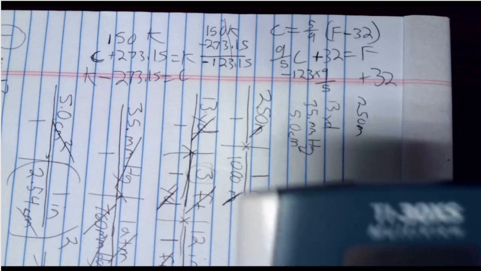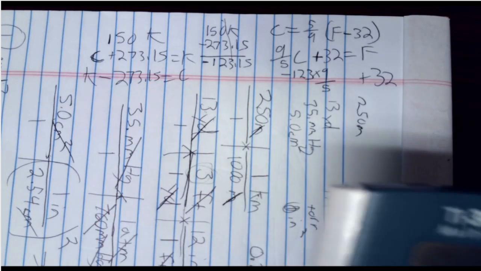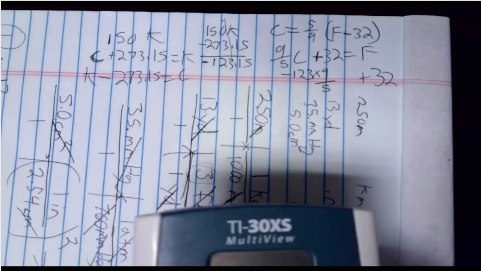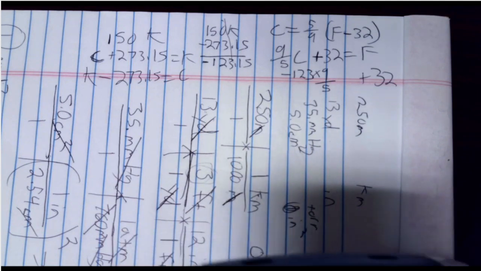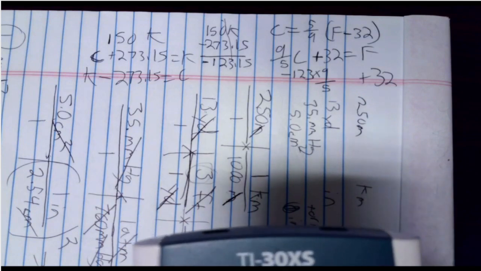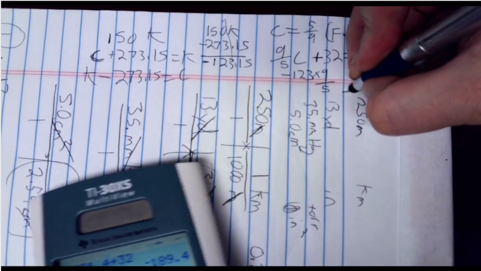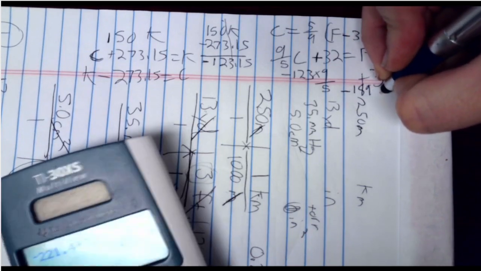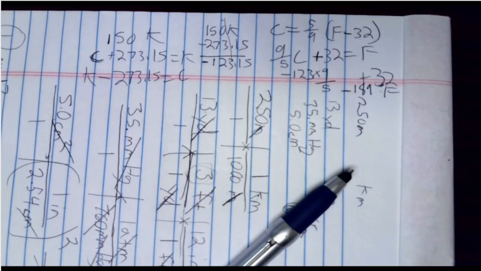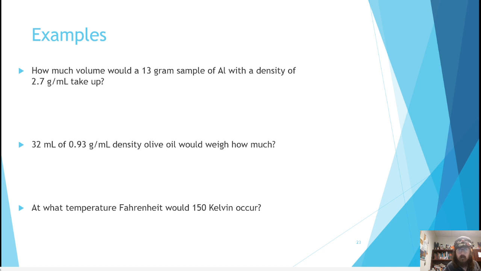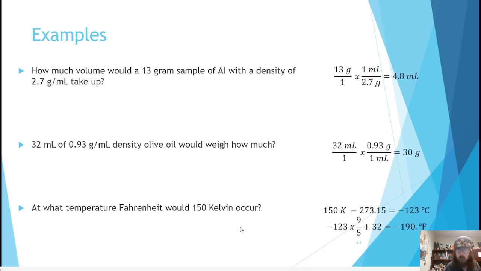So negative 123 times 9/5 gets us negative 221.4. Then we add 32 onto that, and we get negative 189.4, which rounds to negative 189 degrees Fahrenheit. Which we have to round to 190 because we only technically have 2 sig figs.